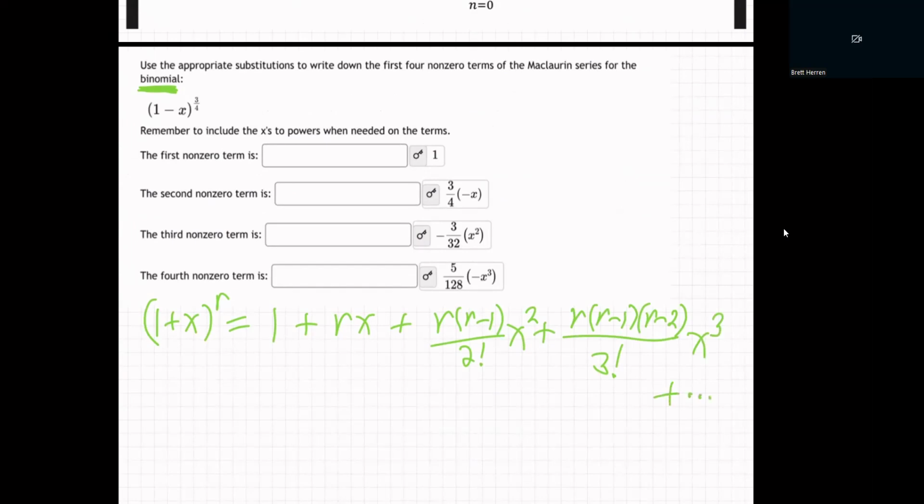Get the pattern? You see how we have two terms up here over 2 factorial with x squared, and then three terms up here over 3 factorial with x cubed, etc.